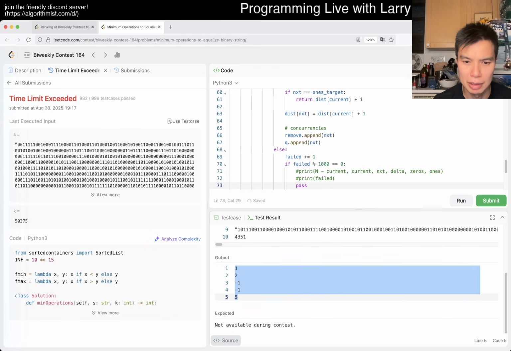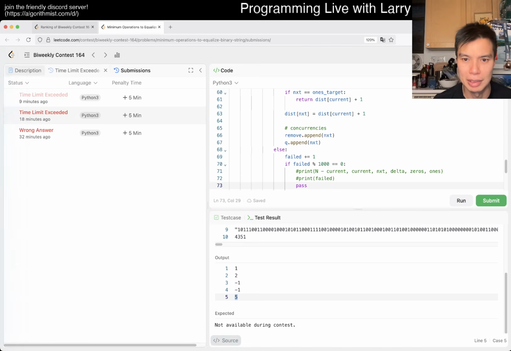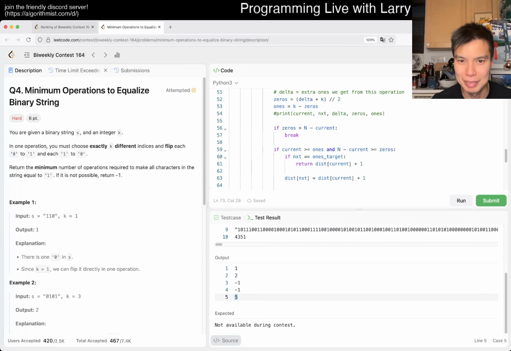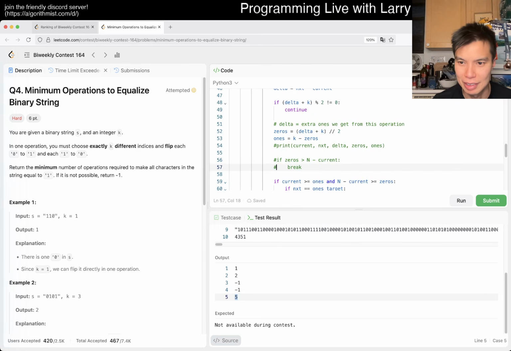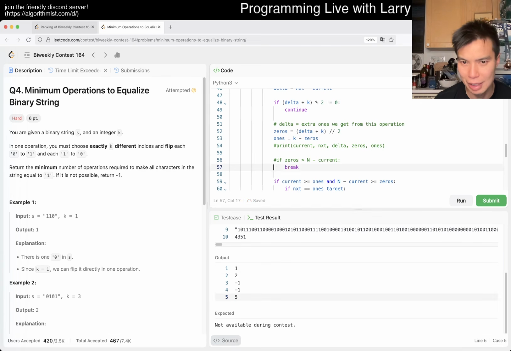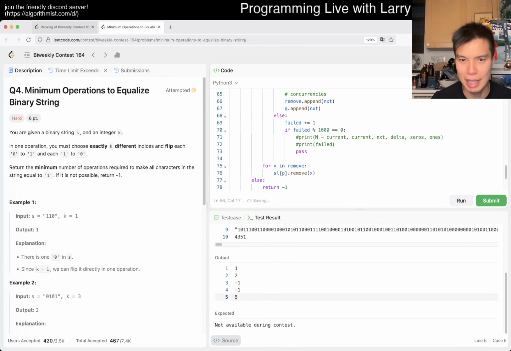Also maybe not right. It was just time limited, so I don't know that I checked, to be honest. This is not that hard to check. You can just do this. Yeah, okay. So I think this makes sense, but it's still not fast enough.